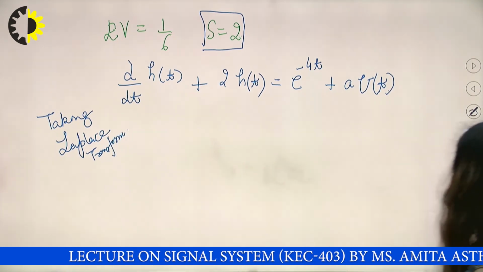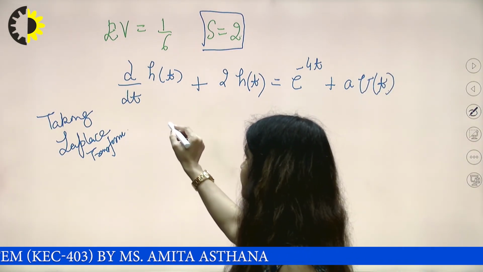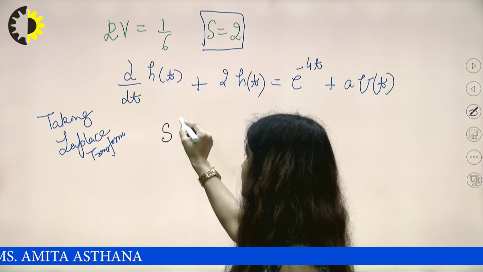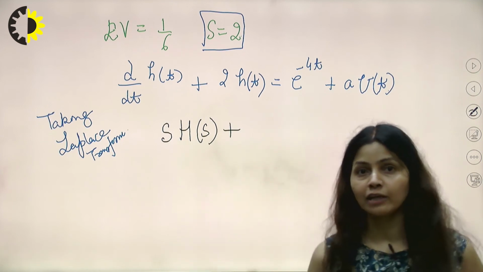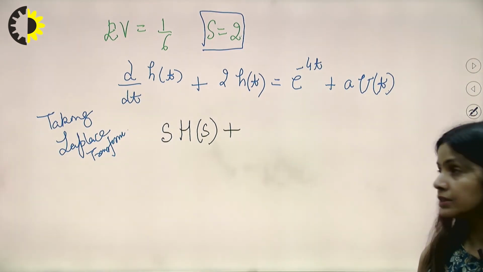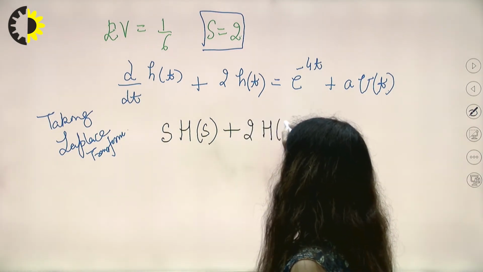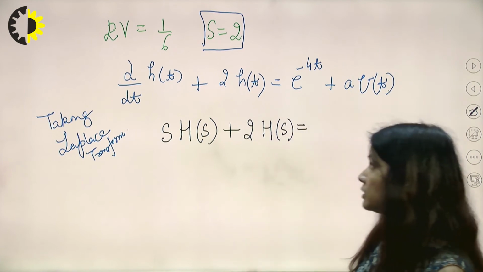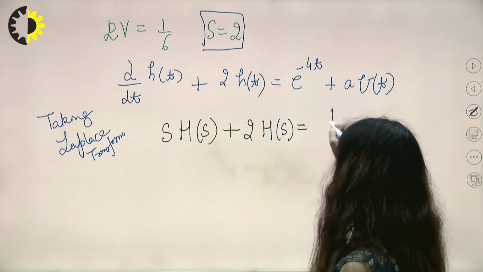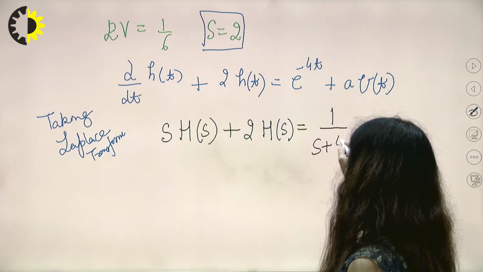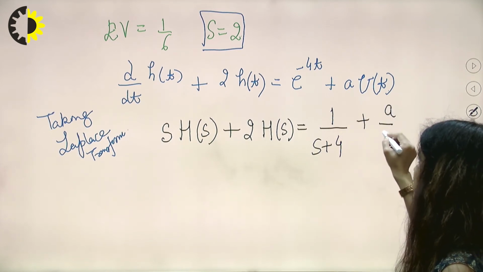We will proceed with the Laplace transform for this one, that will be s H(s) plus, since initial values are not given, we are not going to consider them. So here that is 2H(s) is equal to the Laplace transform for e raised to the power minus 4t, which will be 1 upon s plus 4, obviously, and plus a upon s.